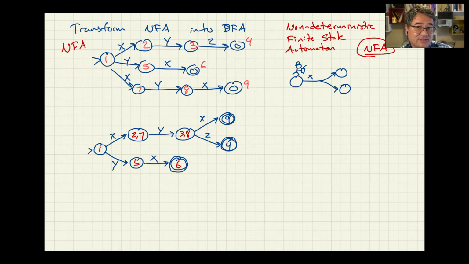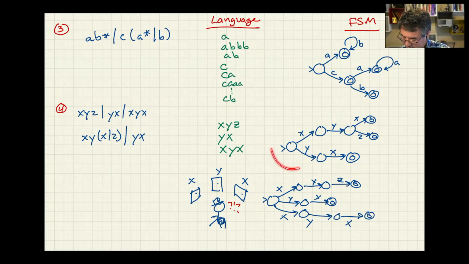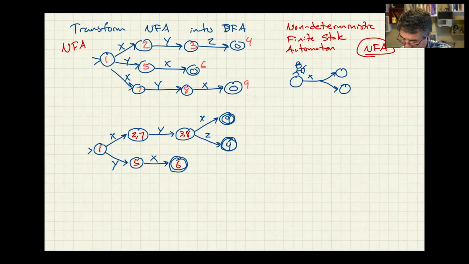And so now this DFA that we drew is the same as the one that we came up with earlier, that had no ambiguous choices in it. So here we've got a way to transform an NFA into a DFA.